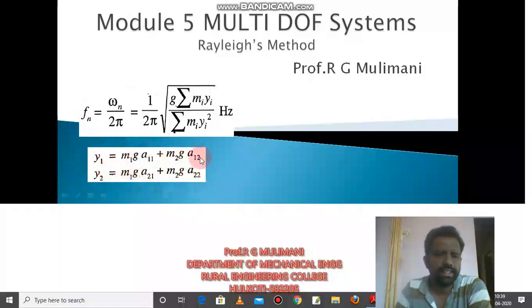For 3 degree of freedom systems, you can add one more term. y1 is equal to m1 g a11 plus m2 g a12 plus m3 g a13. Similarly, y2 is m1 g a21 plus m2 g a22 plus m3 g a23, and similarly y3. Here y1 is the deflection at the position of mass 1 and y2 is the deflection of mass 2.